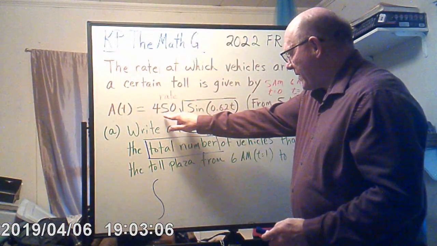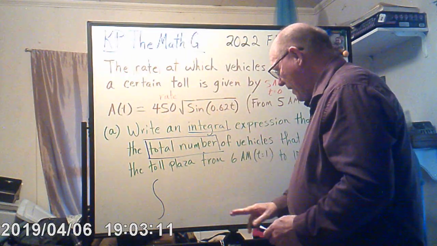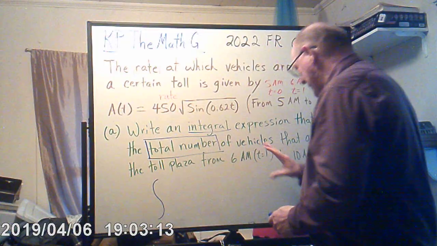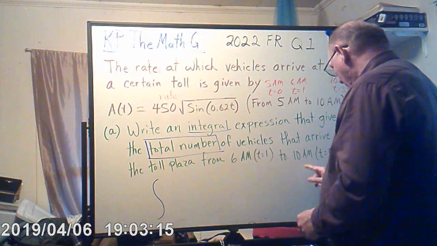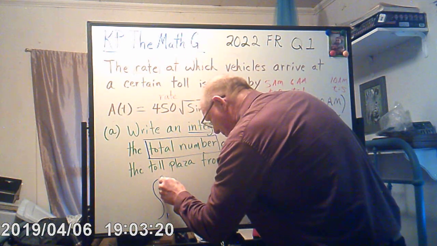So if this is rate, and you take the integral of rate, then you know you're looking for total number. We already know that this integral is from 1 to 5.